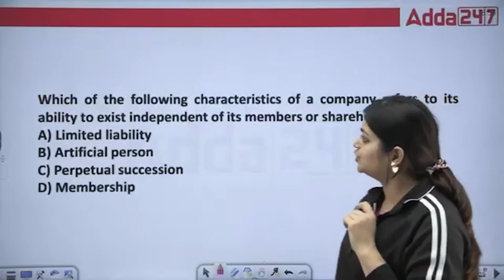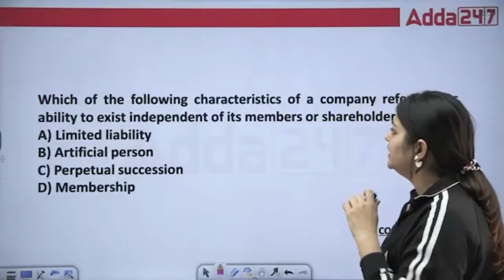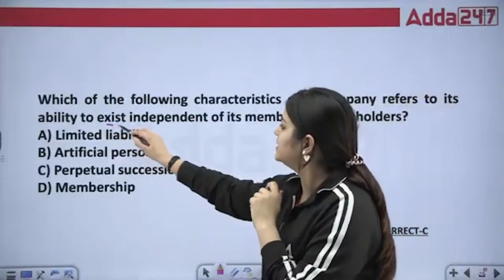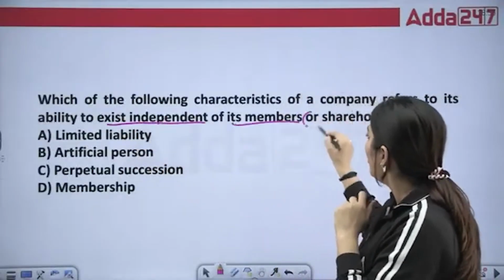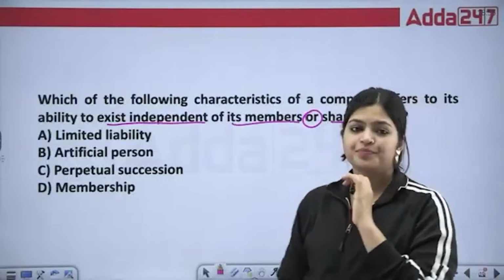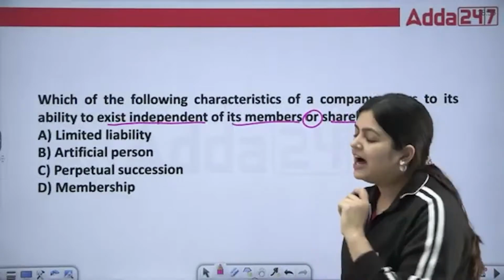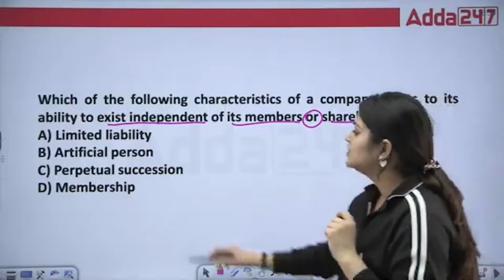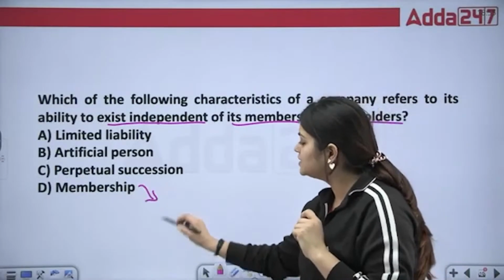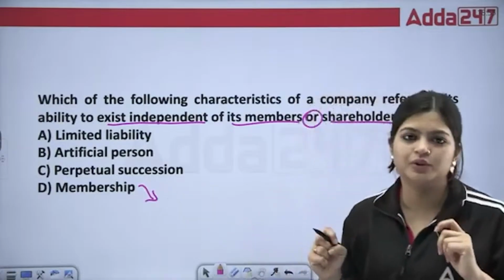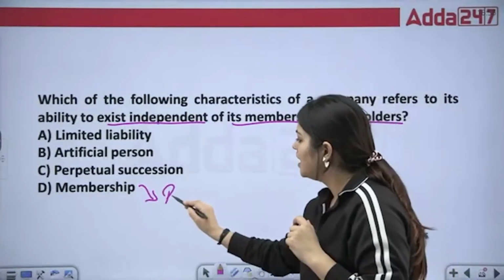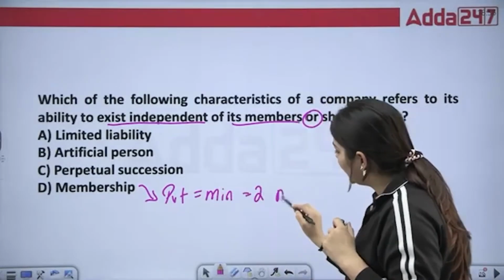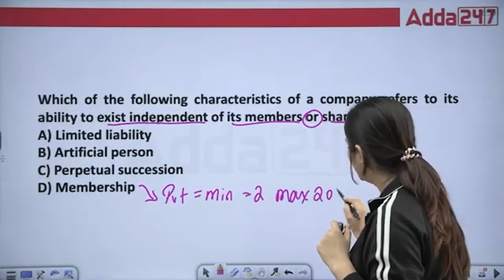Now, coming to the next question. Which of the following characteristics of a company refers to its ability to exist independent of its members or shareholders? Limited liability, artificial person, perpetual succession, membership. Membership means how many members are required to start your company. If it's a private company, you require minimum 2 and maximum 200.